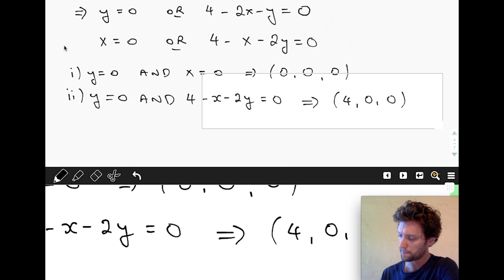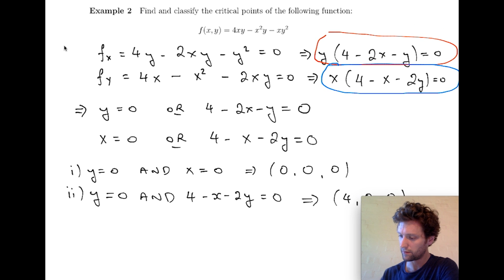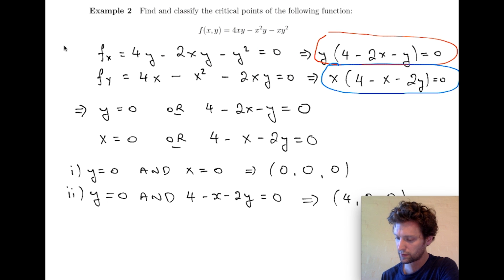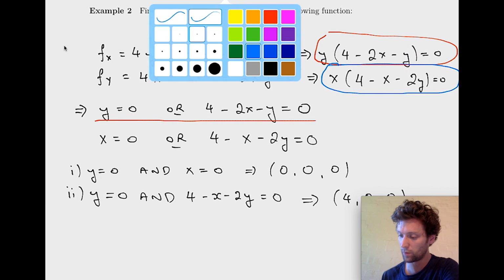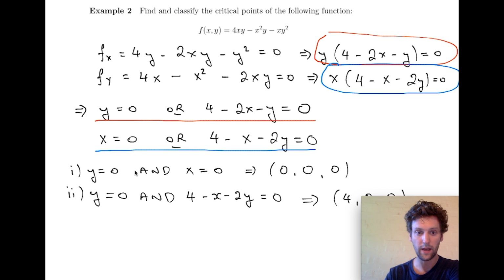Let me just point out where I made my little mistake there. Remember that I always want to have one condition from the red equation, which gave us those two red conditions, and one condition from the blue equation. The blue equation told us that either x was equal to 0 or 4 minus x minus 2y was equal to 0.